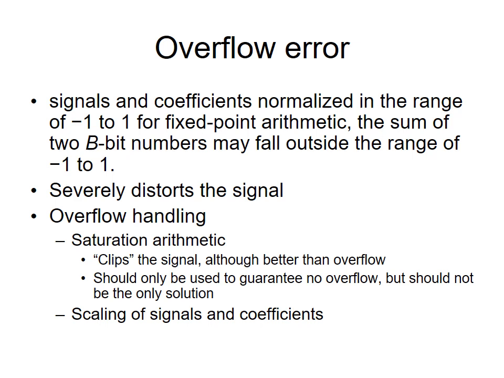To handle the overflow, there is saturation arithmetic, which clips the signal and is better than overflow. It should only be used to guarantee no overflow, but it should not be the only solution for this overflow error. There is also the scaling of the signals and the coefficients, which maintains the coefficient level within the normalized range of -1 to +1.